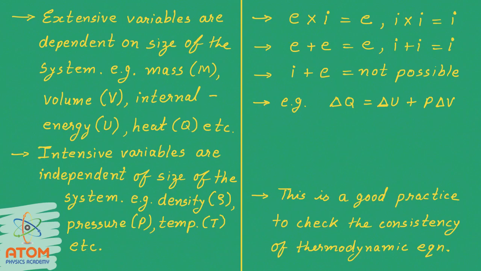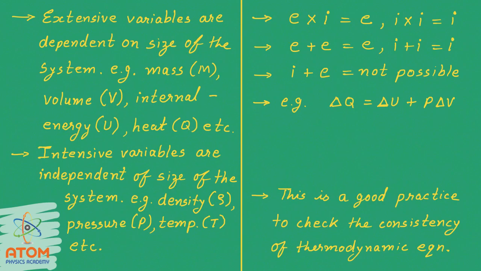Let me explain this with an example. You take a container filled with gas, alright? The pressure is P, the volume is V, the temperature is T, and the density is rho, alright? Now you divide this container into two parts by putting one wall in between, alright? So when you put a wall in between, it is converted into two containers of half size.